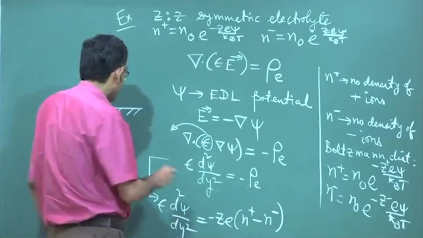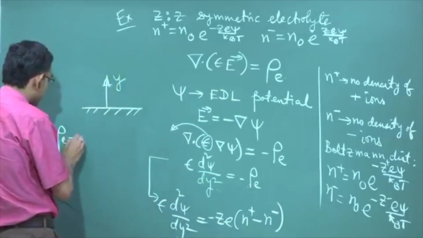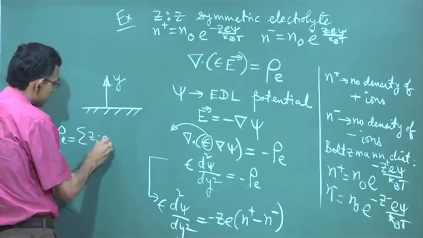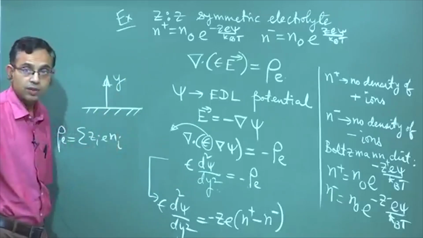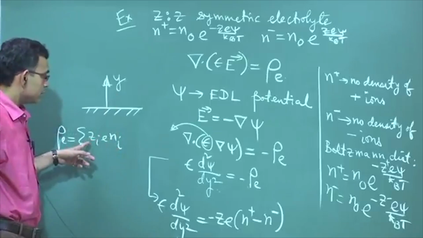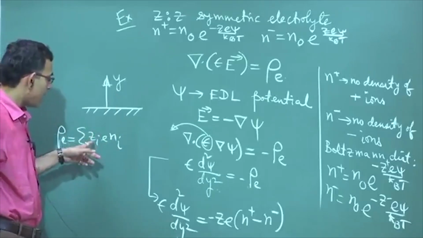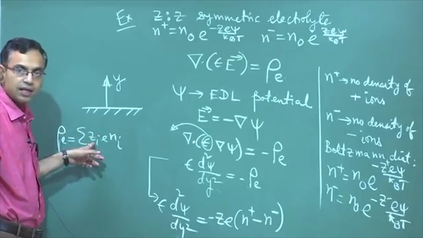So, technically rho e is defined as this one. Now, here z plus is z and z minus is minus z.